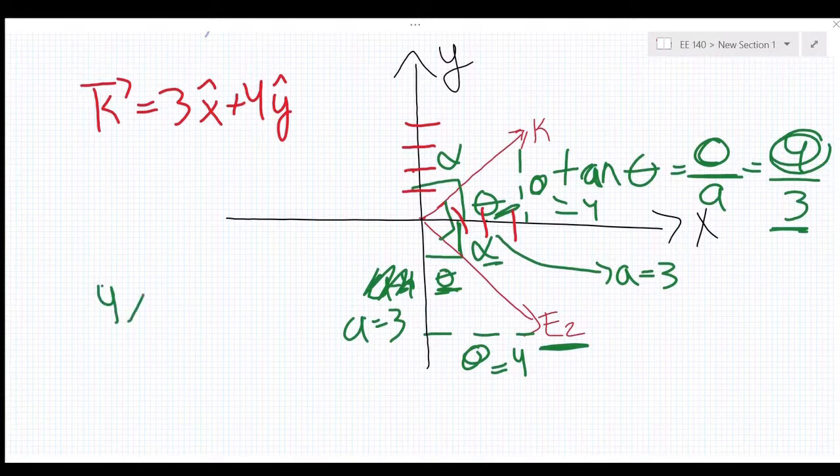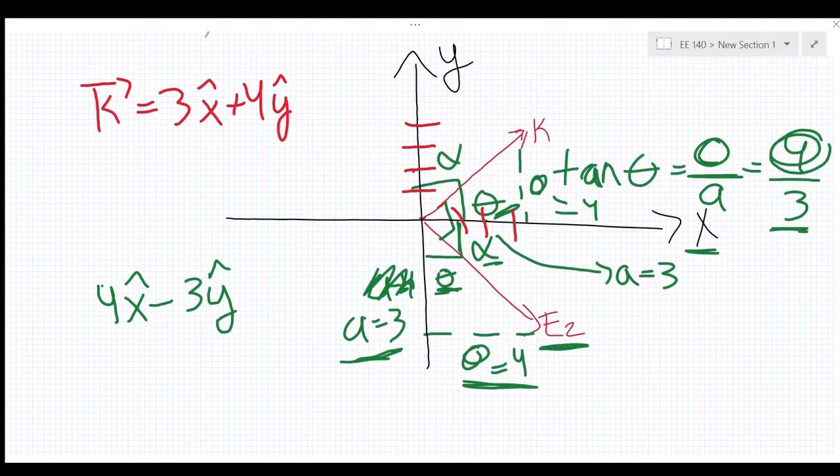So that would be 4x hat minus 3y hat, and this is the direction for our E2 component.